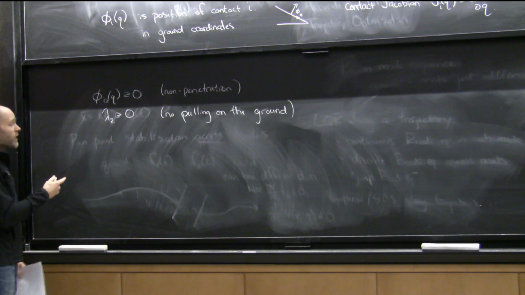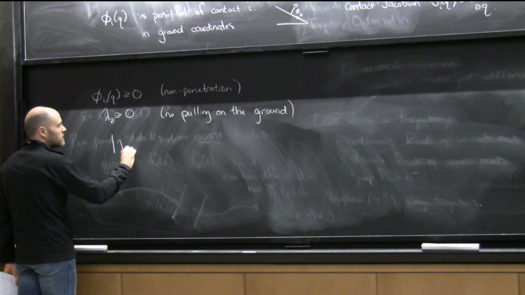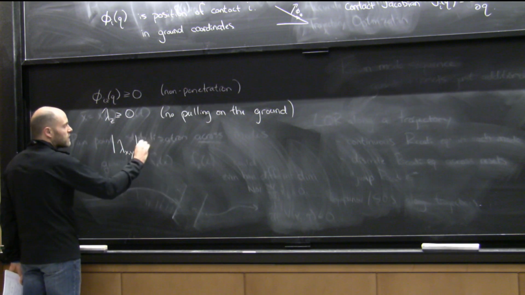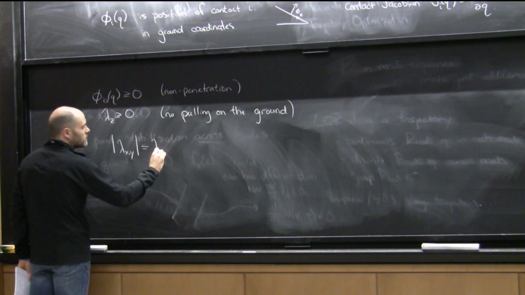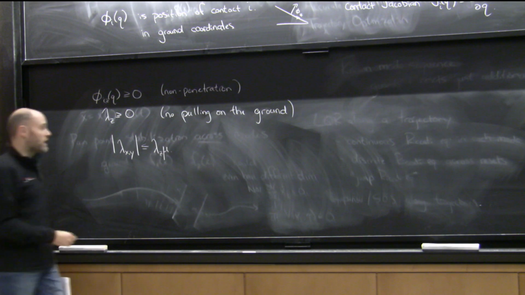And you can start writing down things like friction if you want. So you could say, for instance, that the magnitude of the xy components of this is less than or equal to mu times the z component, which would be a model of Coulomb friction.